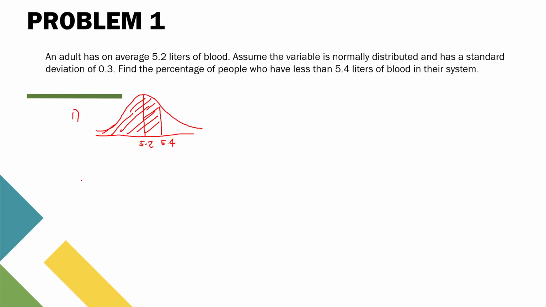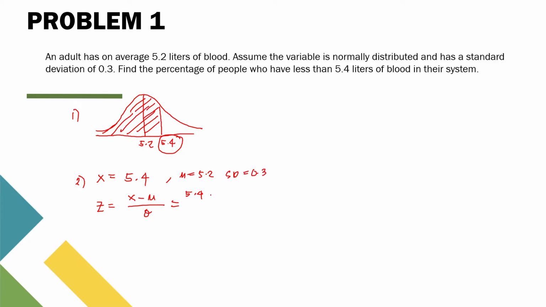So second step is we need to convert this x into a z value. What is our x here? It is 5.4. So z is equal to x minus mu over the standard deviation. Here our x is 5.4, our mu is equal to 5.2, and our SD is equal to 0.3.